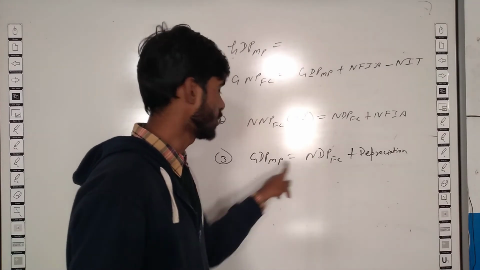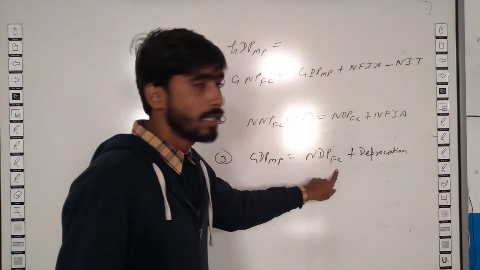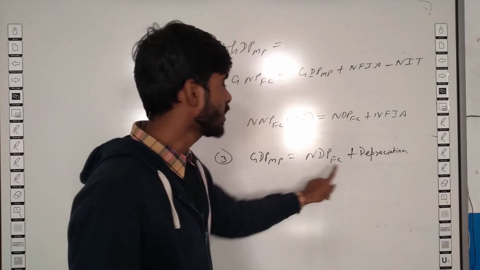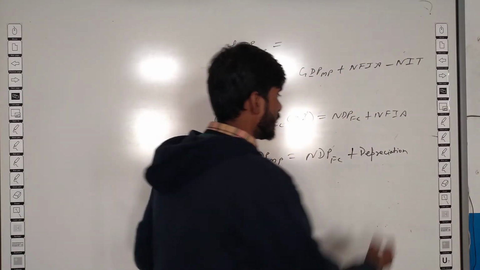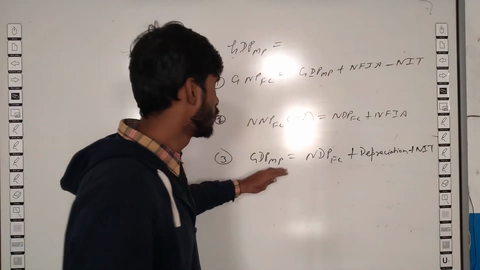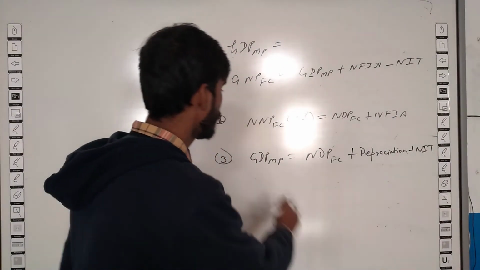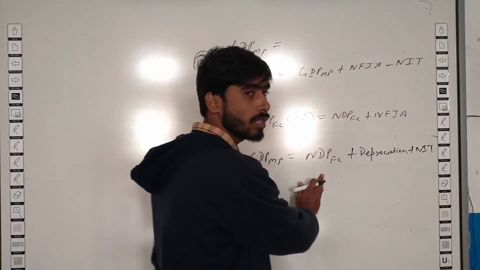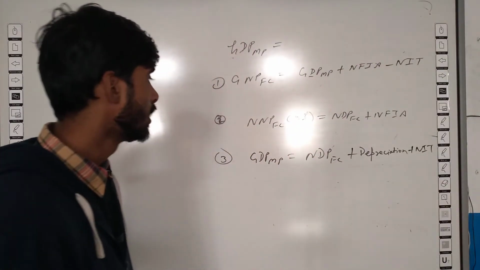Product will be always same. We want market price and factor cost is given. MP means market price, FC means factor cost. We will add NIT, net indirect tax, because market price is equal to factor cost plus NIT. So here is the formula: GDPMP is equal to NDPFC plus depreciation plus NIT, net indirect tax.